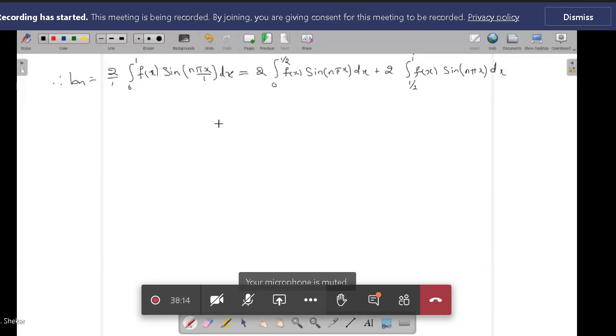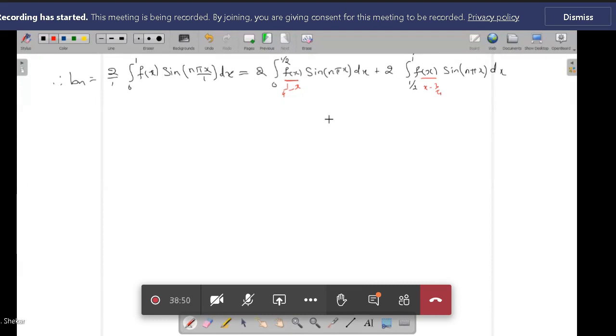Okay, so now the function f of x defined in the interval 0 to 1 by 2 is 1 by 4 minus x. Okay, and the f of x defined in the interval 1 by 2 to 1 is x minus 3 by 4. Am I right? I think correct.